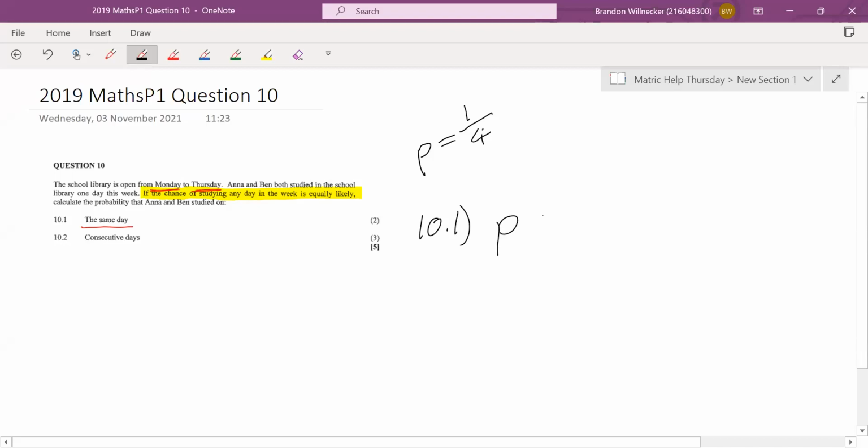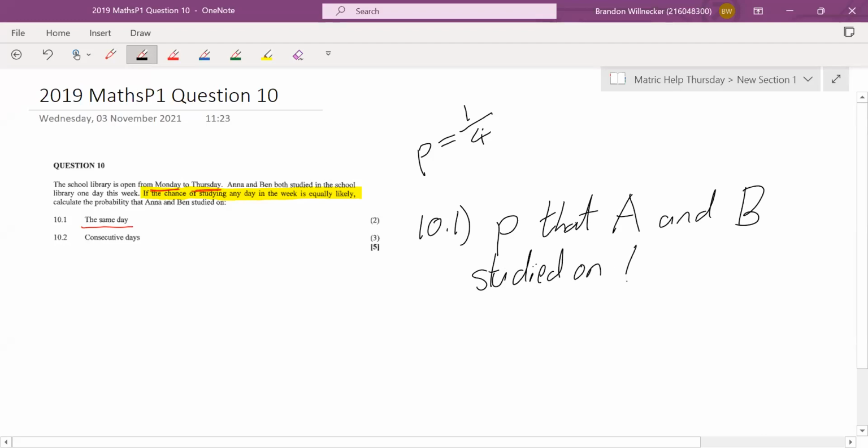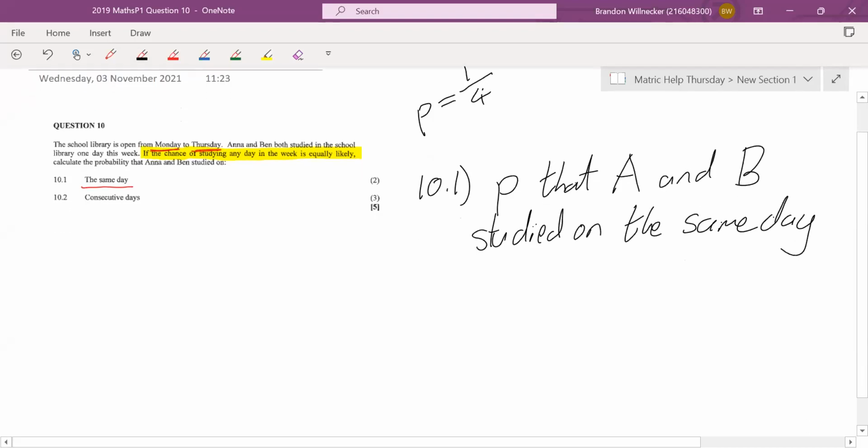We want to know the probability P that Anna, let's just write A, and Ben, B, studied on the same day. So that means both of them on a Monday or both of them on a Tuesday, and so on.